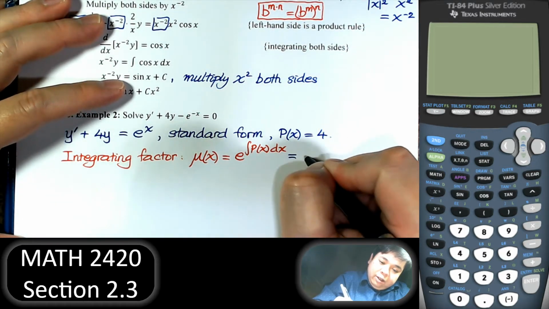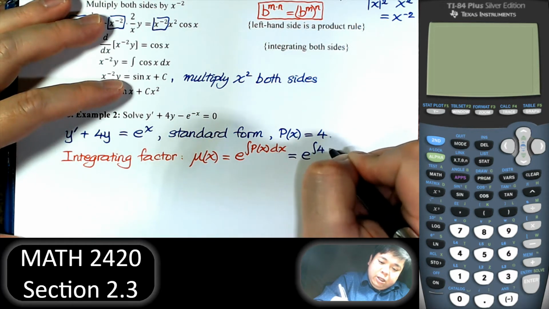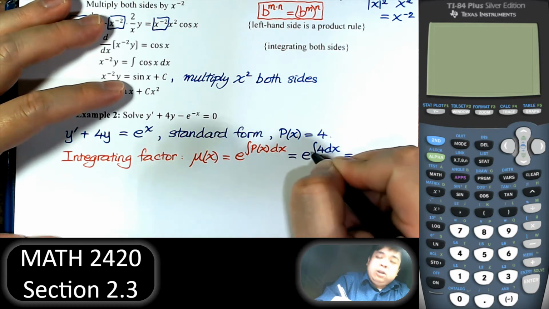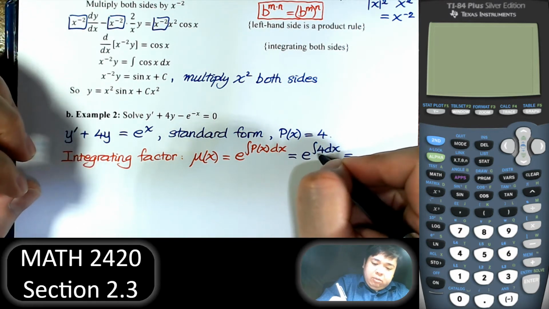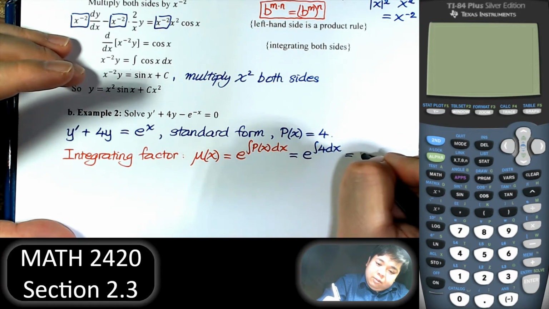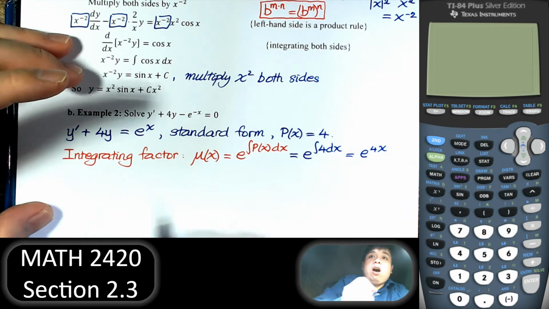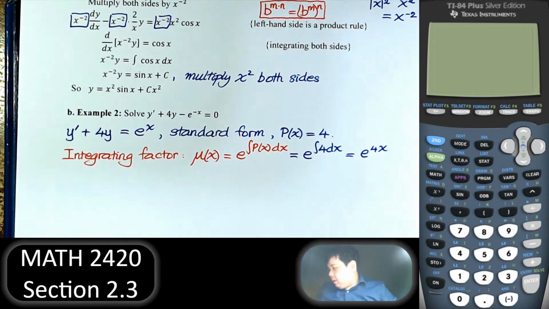So we have e to the integral of p of x, which is 4, dx. The integral of 4 is 4x, so e to the 4x. We don't need the constant c here. We'll talk about that in a minute after this one. Why don't we need the constant c there?